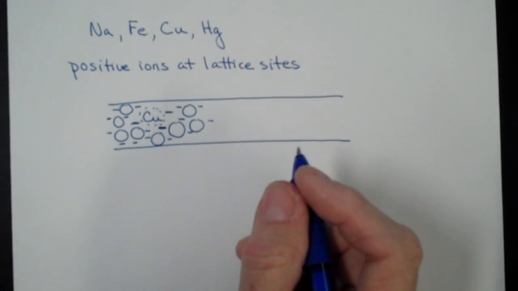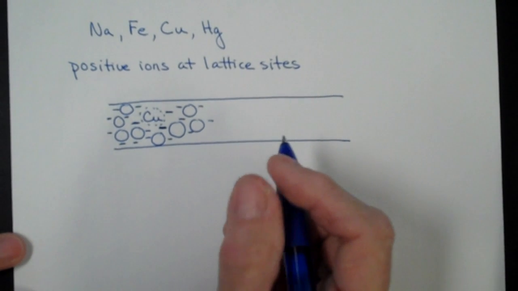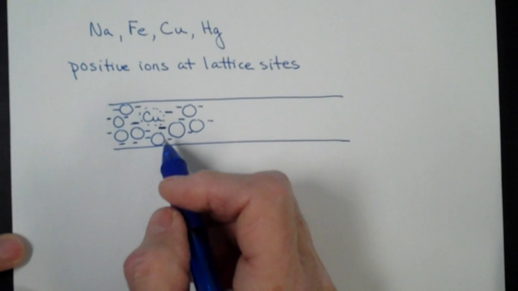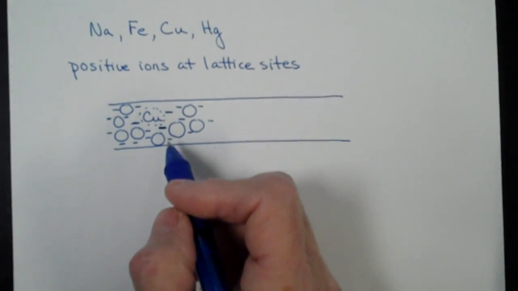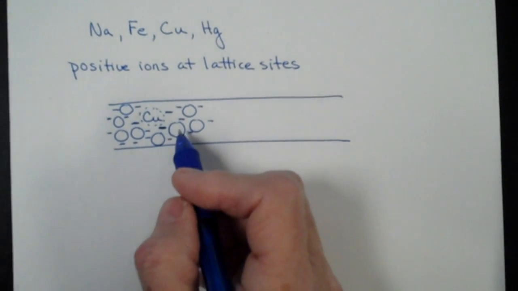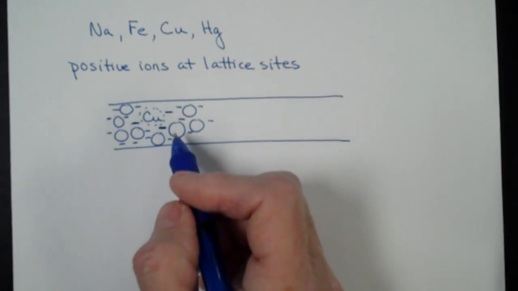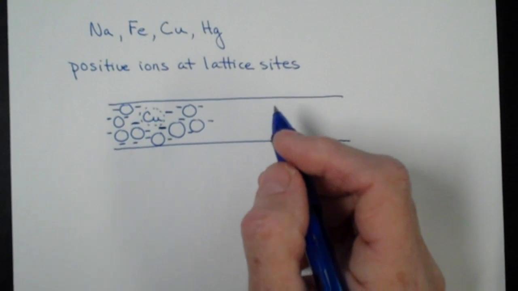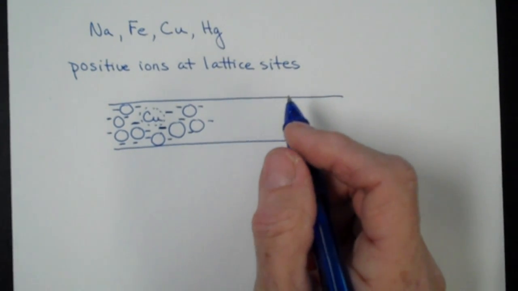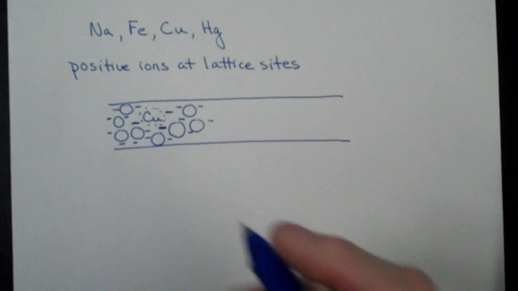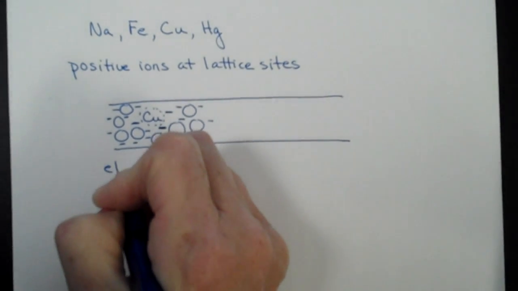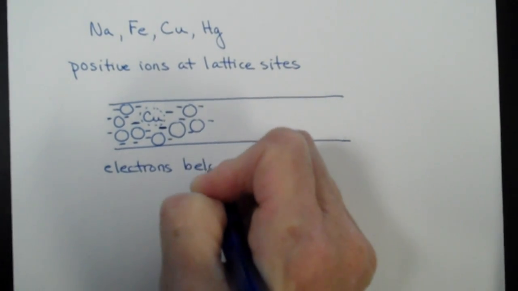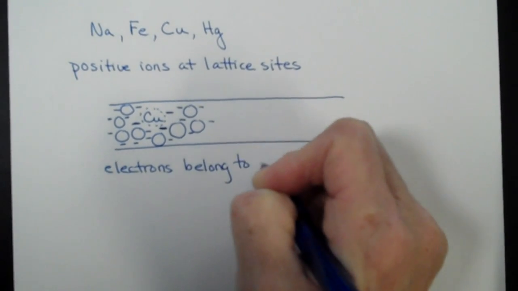And so what we have here is a situation where the electrons, being loosely held, do not belong to one particular kernel. Instead, these electrons belong to the crystal as a whole. They belong to the entire crystal.